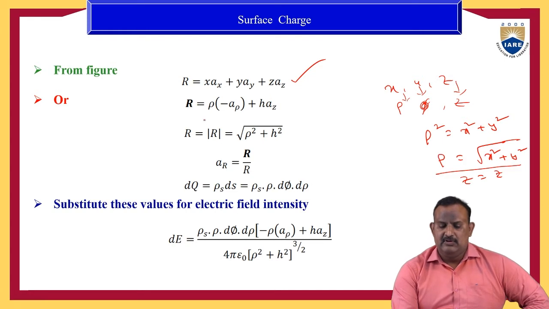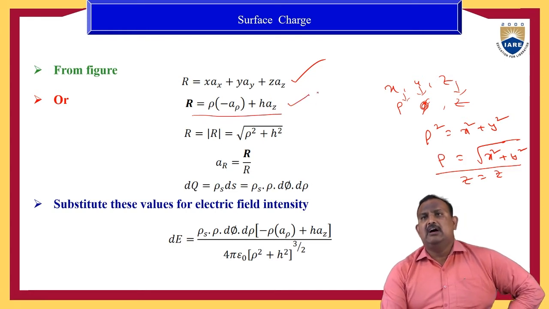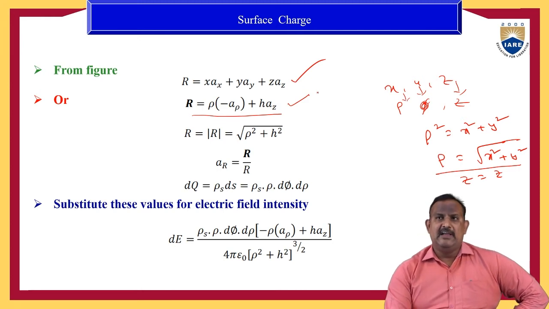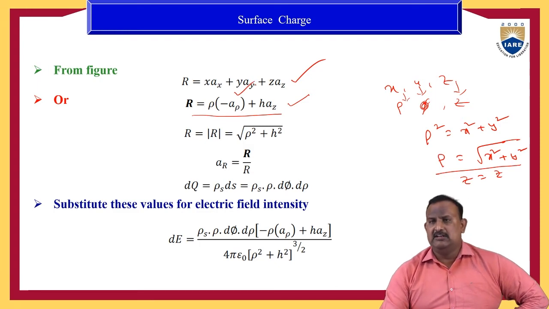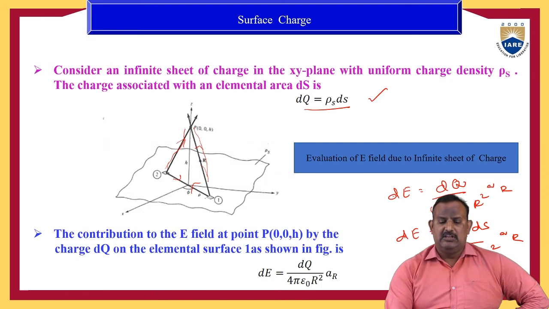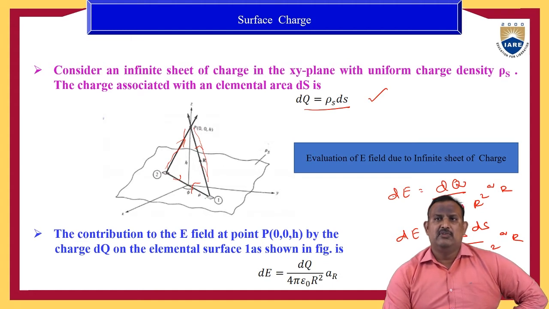Therefore, the conversion of the rectangular coordinate system to the cylindrical coordinate system gives us r equal to rho into minus a_rho plus h a_z. So why is it minus a_rho? Where a_rho is a unit vector along the rho direction. If you observe the figure again, these two sides are opposite to 1 and 2.